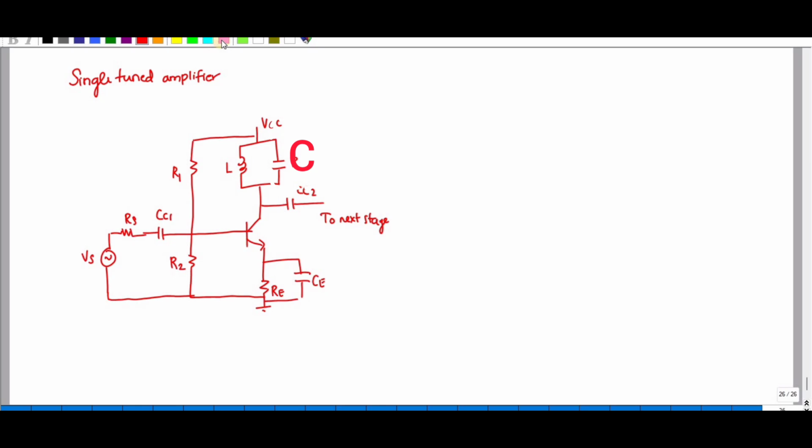These single tuned amplifiers are classified into two types. One is capacitively coupled and another one is transformer coupled, or inductive coupled.